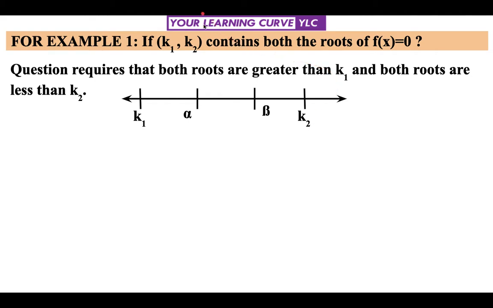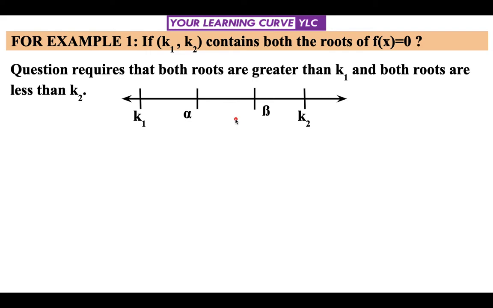For example, if the question asks you that the open interval k1, k2 contains both the roots of the quadratic equation, then you have to make sure that, assuming k1 is less than k2, alpha and beta lie between k1 and k2, meaning the parabola, whether upwards or downwards, cuts the x-axis between k1 and k2. It has to cut, and that too between k1 and k2.